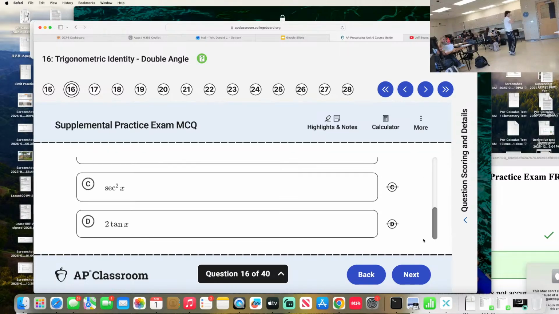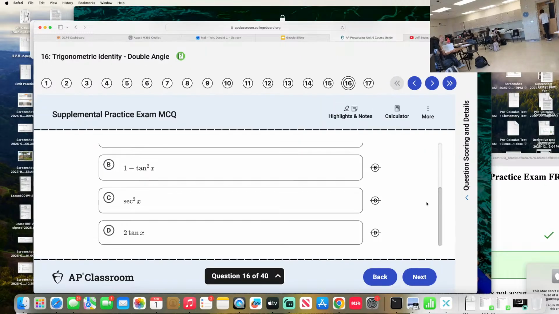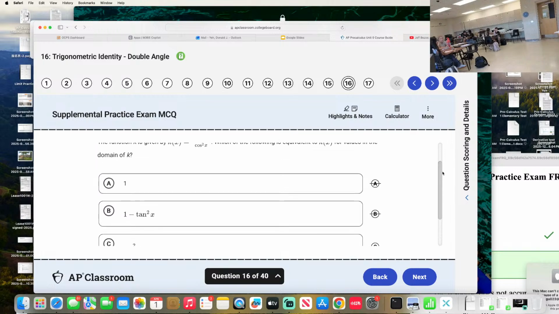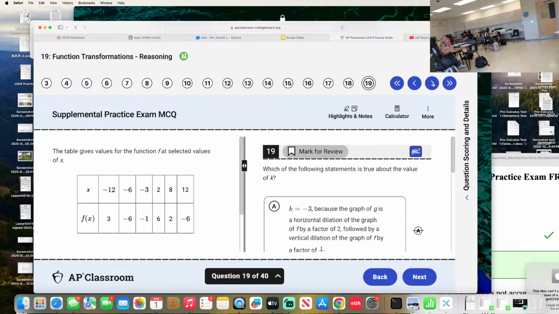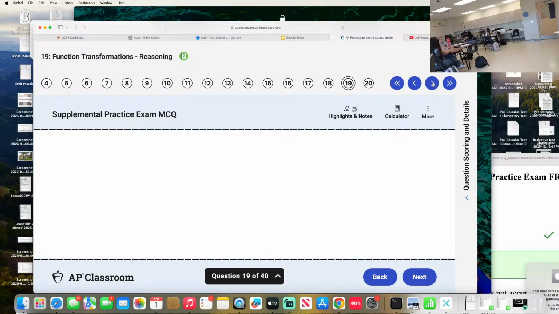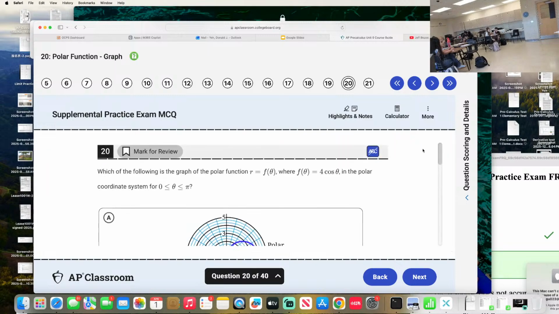Oh, wait, I got it. Is it one? Are they both right? Might be both right. That's the answer choice they provided. He didn't show us the answer choice.